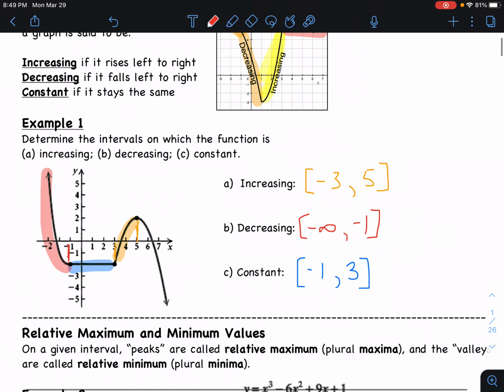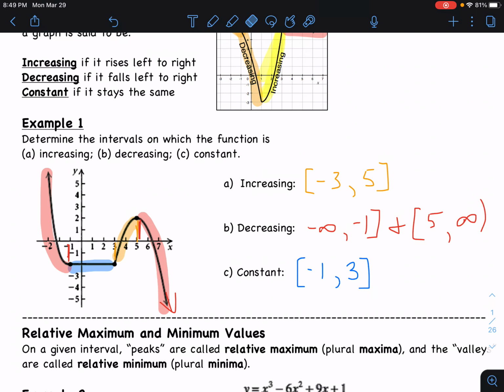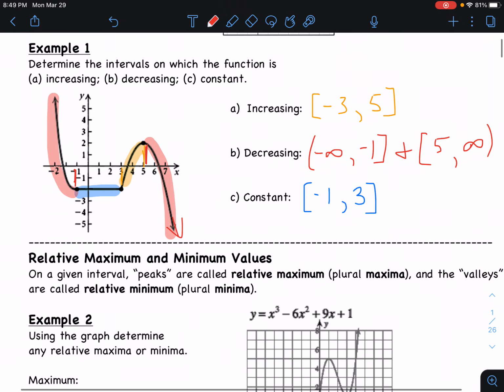And then there's another decreasing value, right here falls again, and that goes from 5 to the right infinity. So 5 to infinity. And actually, infinity should have parentheses, so I gotta go fix this one here. Not that the parentheses are important for infinity, the parentheses are actually most important for open circles.